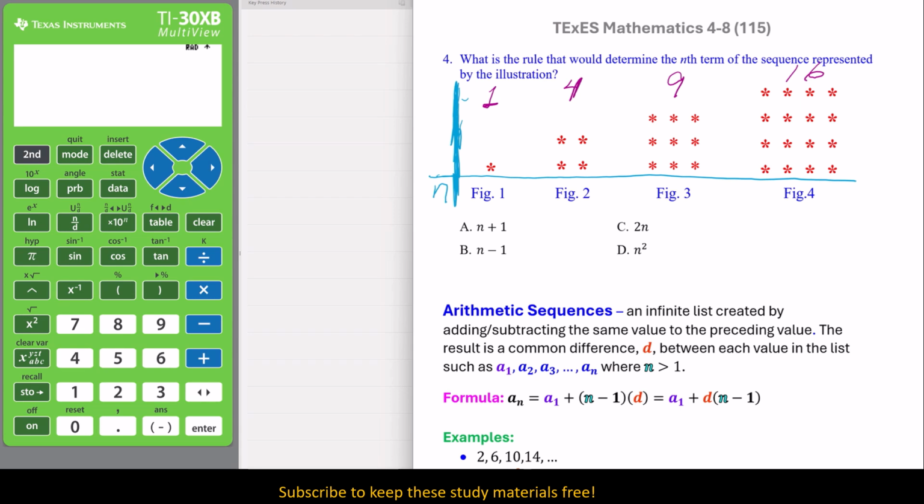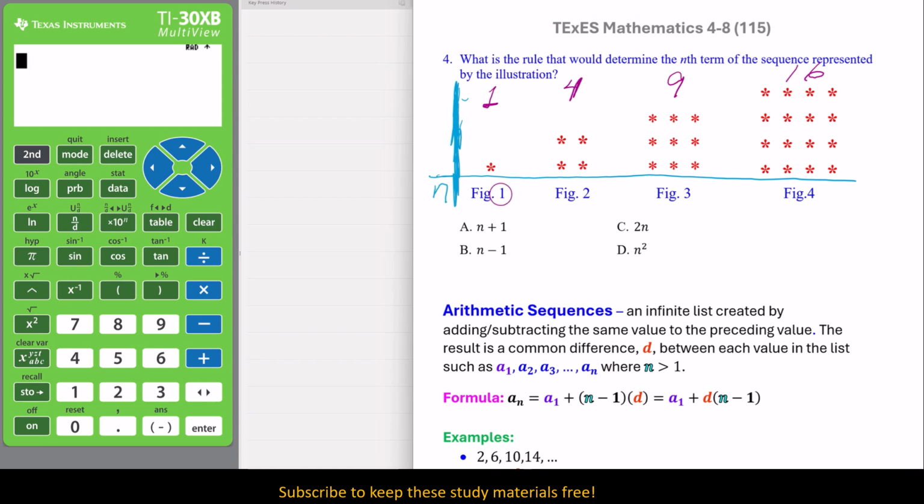By looking at these arrays, you have probably already noticed something that's going on. I see 1, but then I see 4, which is 2 times 2. It's either 1 plus 3, but that doesn't work out because we have 1.